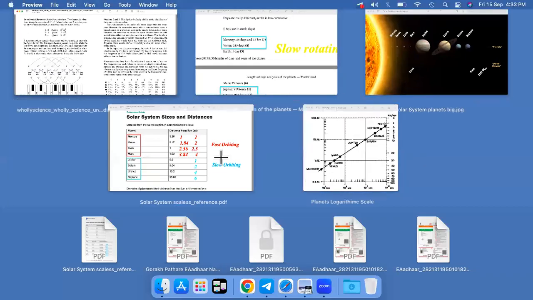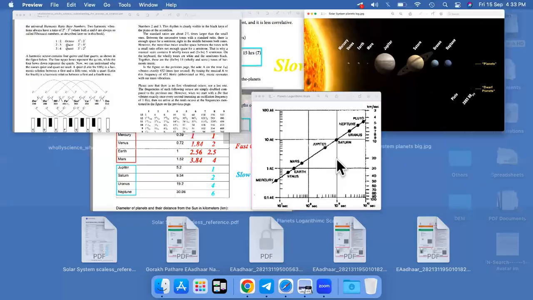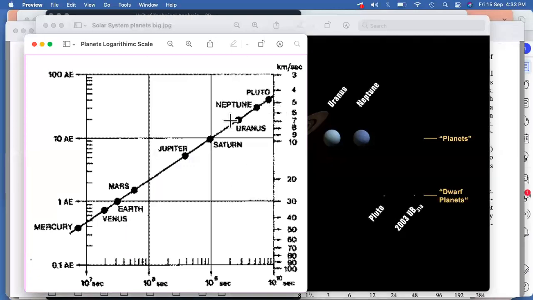The outer planets take a longer time for their orbit, but the rotation of these planets is faster. Especially Mercury and Venus, which are the nearest to the sun, take a huge time to complete a rotation when they spin across their own axis, compared to this planet. So naturally there is some kind of harmony that we see across.